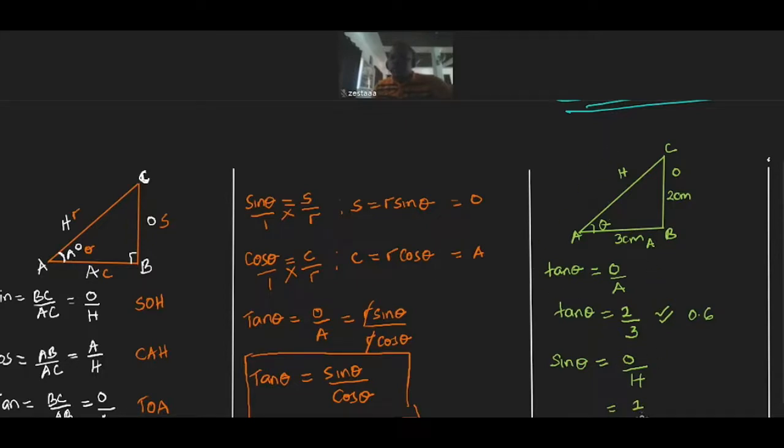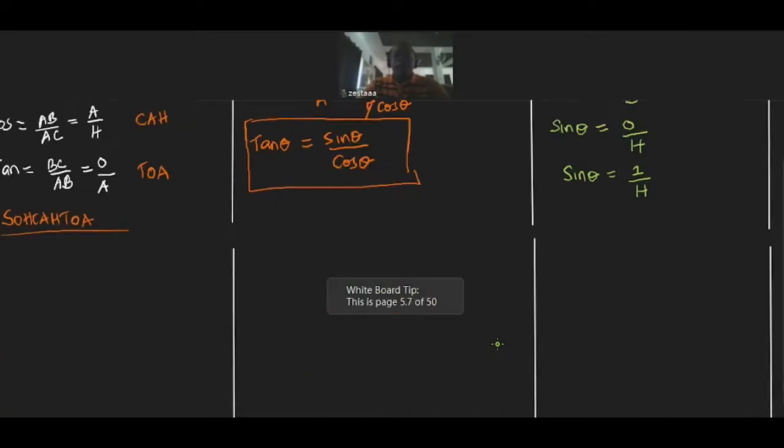Our hypotenuse is unknown, so we will keep it as h. But how do we find it when we have the adjacent and the opposite? If we remember our Pythagoras theorem, we use it. So we have sine theta equal to 2 out of h.